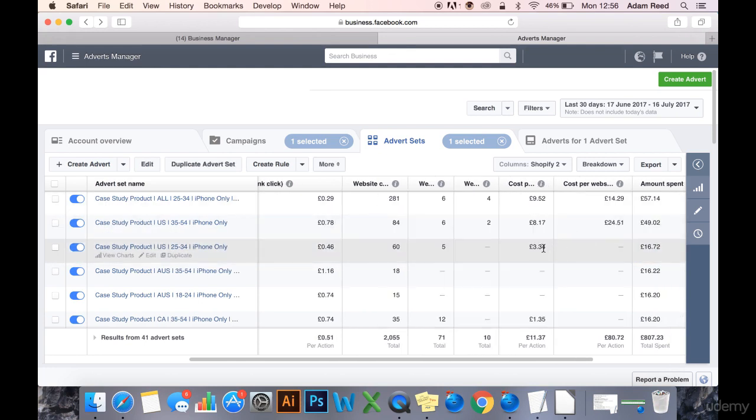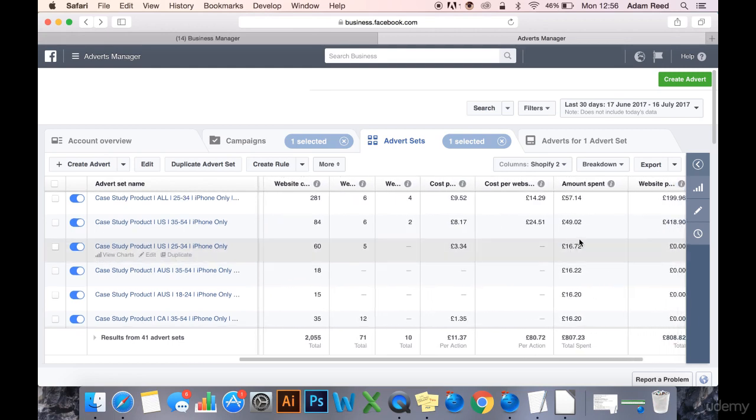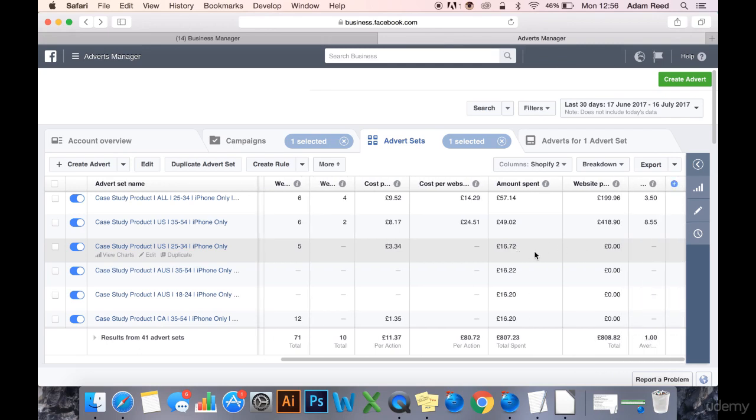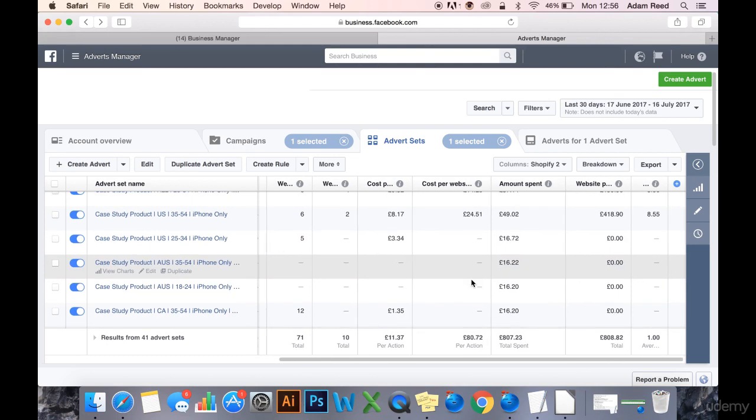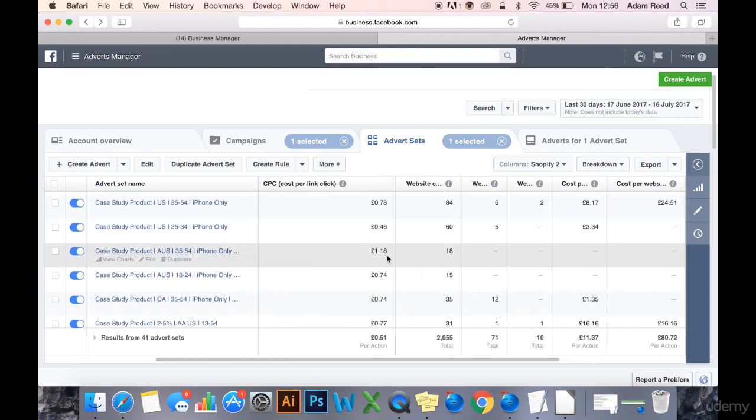We're spending £3 per add to basket. We've spent £16. I'm going to let this run. I'm going to leave it to continue to run. I think it may get a sale pretty soon at around £20. £16, no add to baskets. Very, very expensive CPC here, so we're going to kill that.